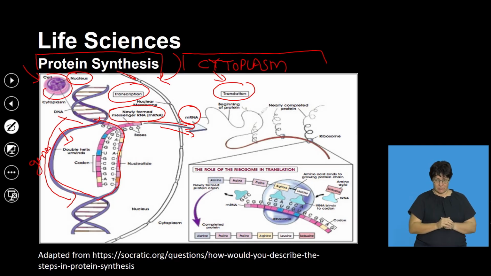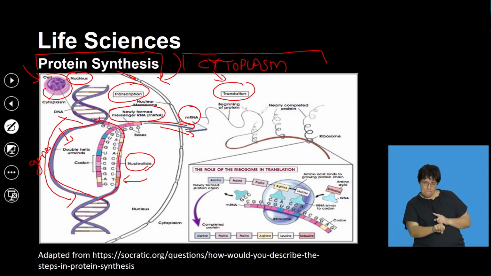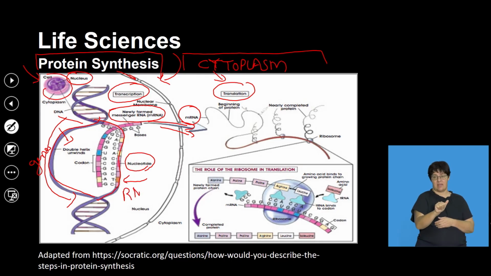This specific template has a sequence of nucleotides that now code for an enzyme or for a protein. We need to recognize that all of this is happening through an enzyme called RNA polymerase. The RNA polymerase will be important in this process of putting together the mRNA.